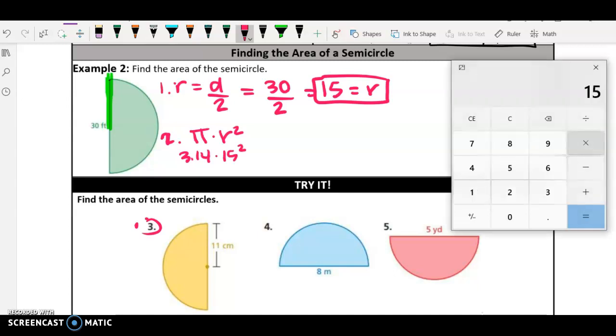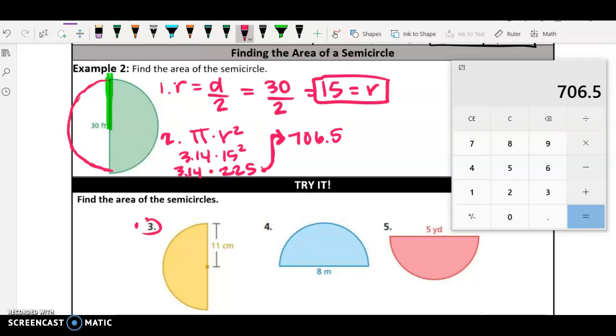So now I'm going to do 15 times 15, and I get 225, times 3.14, and I get 706.5. That's this answer right here. And then that's a whole circle. So that would be this entire thing if I drew it and continued the circle.